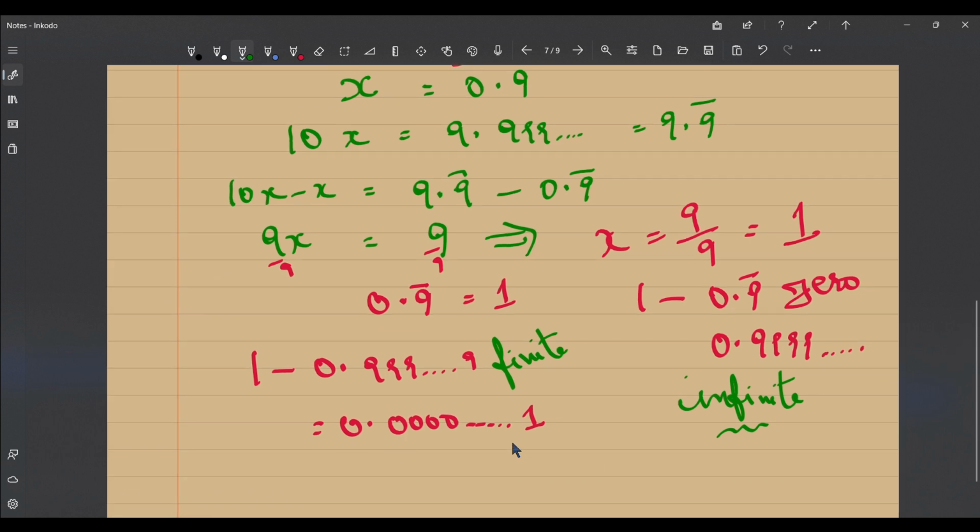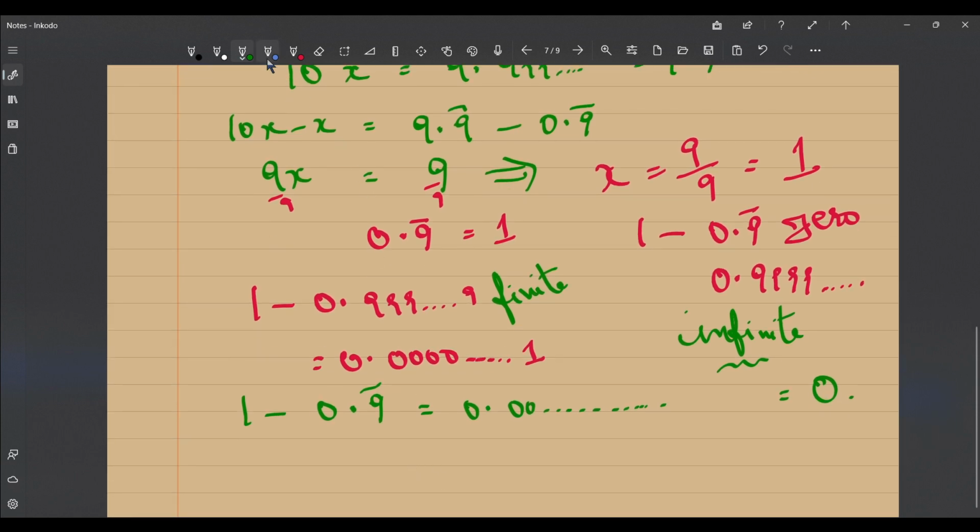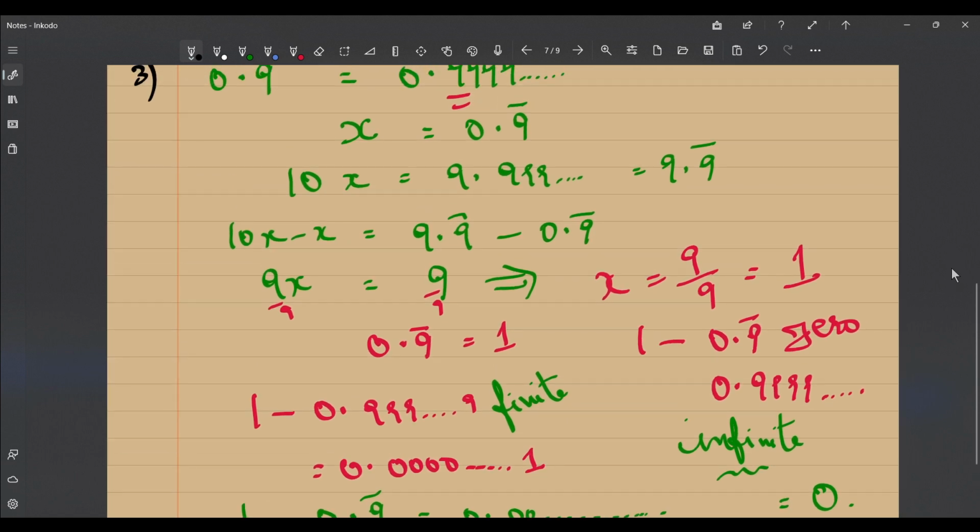The number which shows our difference, 1 minus 0.9 bar, would be 0.000 going on infinitely. So it's as good as 0. It is equal to 0. So the difference between 1 and 0.9 bar is equal to 0, and hence 1 is equal to 0.9 bar, or this answer is justified.